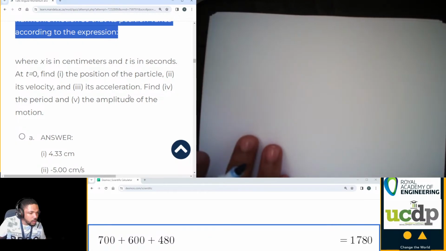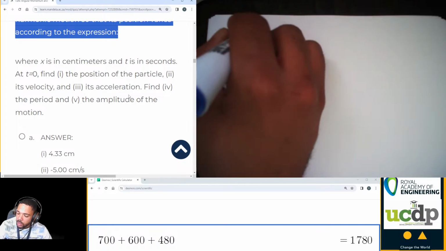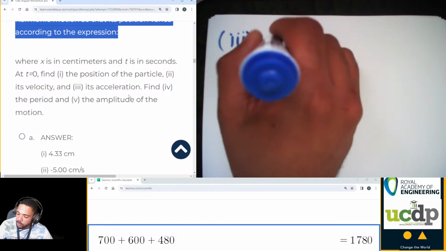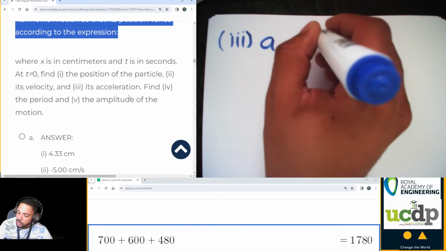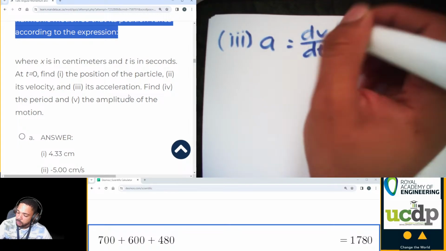Now, part 3 of this question is the acceleration. We know acceleration is nothing but the derivative of velocity with respect to time.